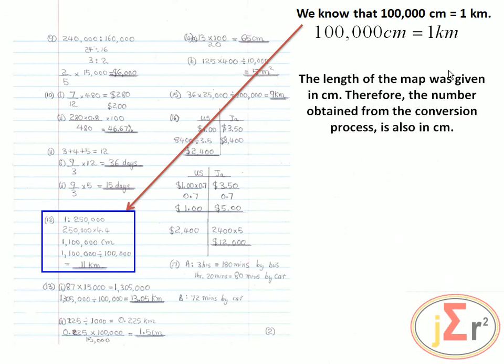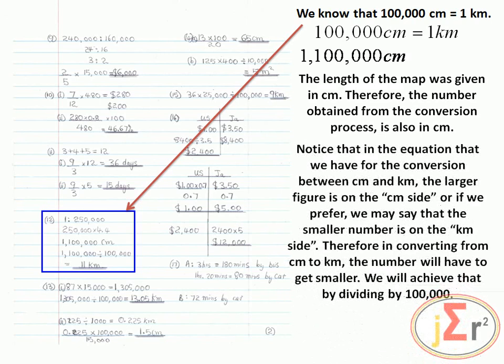The length of the map was given in centimeters. Therefore, the number obtained from the conversion process is also in centimeters, which is that one. And what do we do with it? Notice that in the equation for the conversion between centimeter and kilometer, the larger figure is on the centimeter side, as I said before.